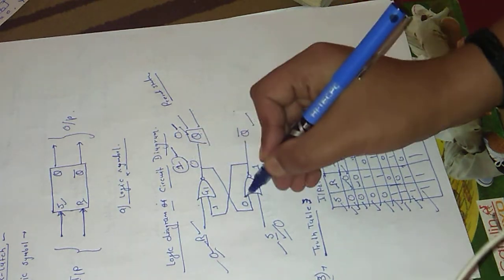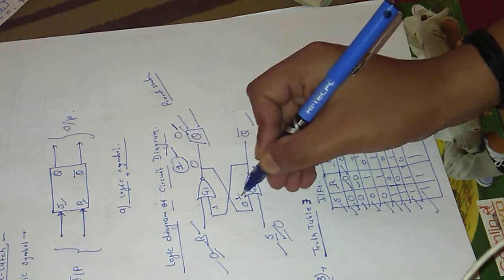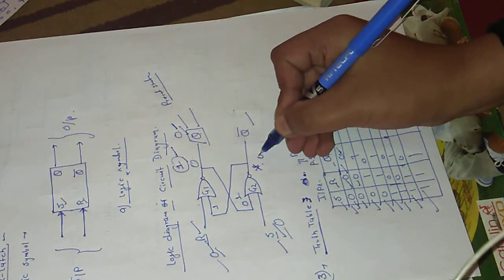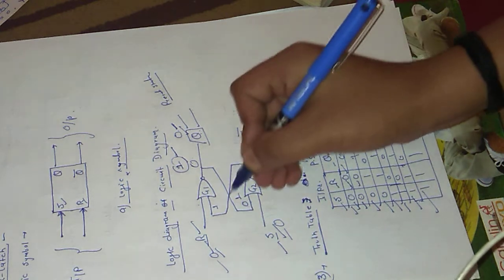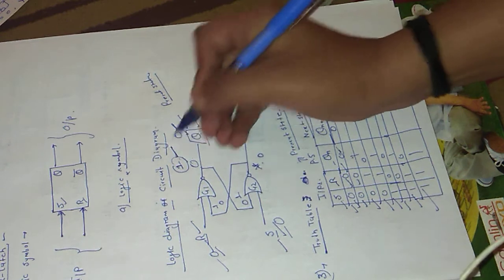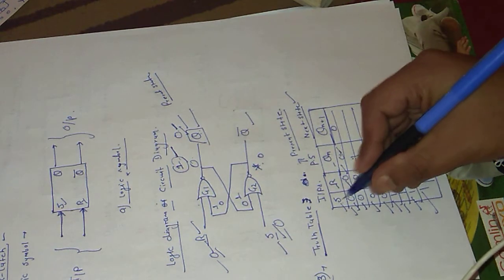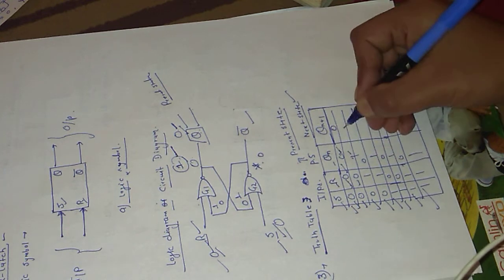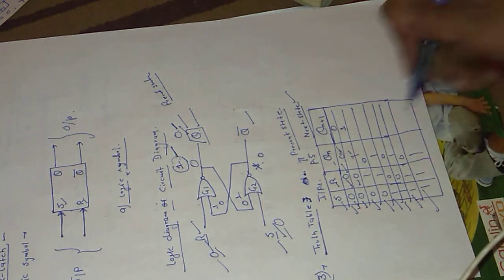Similarly, the input for G2 is 1 and 0, so the output is 0. Again this 0 goes there, 0 and 0, and again 1 comes. So whenever S equals 0, R equals 0, and the present state equals 1, the next state equals 1.